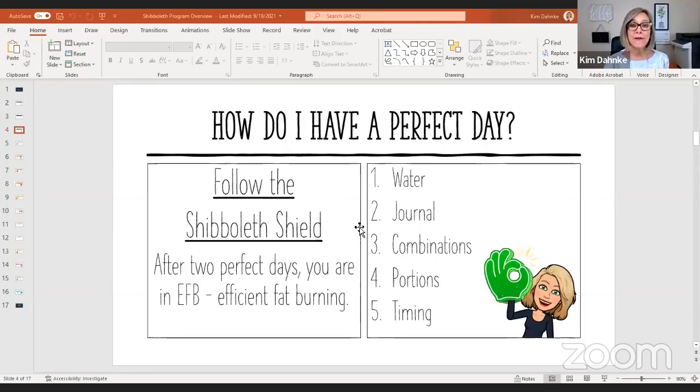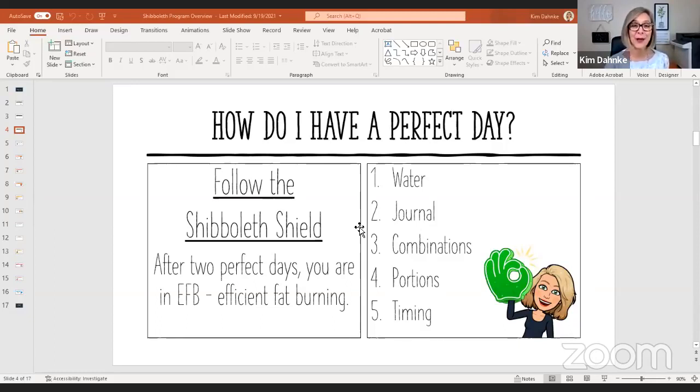So how do you have a perfect day? You simply follow the Shibboleth shield. After 2 perfect Shibboleth days, you get your body into what we call EFB, efficient fat burning. And I like to say EFB, baby, because it is a fun place to be. The Shibboleth shield will actually keep you safe on a perfect day.